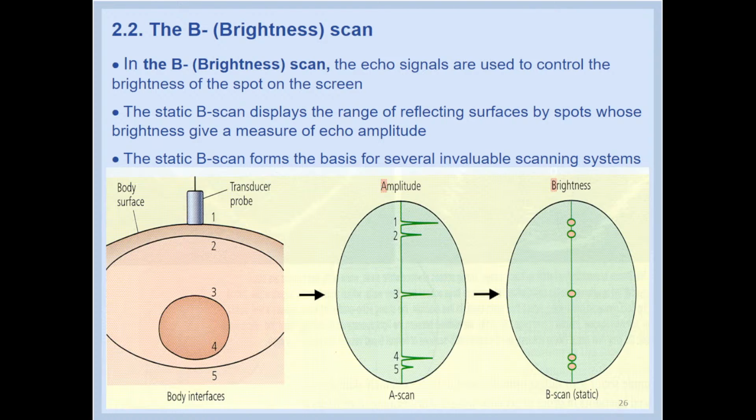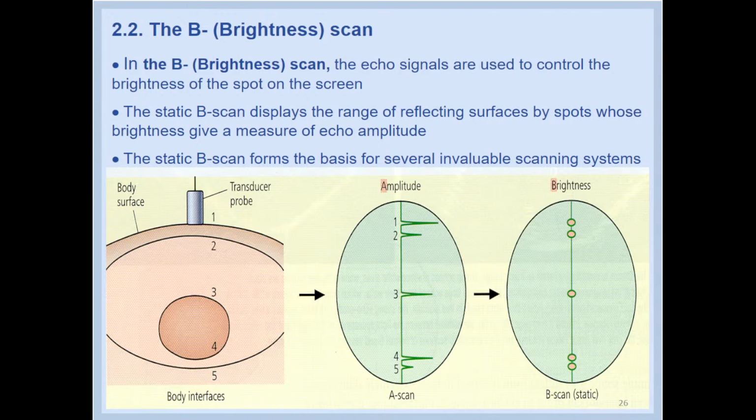The time base is applied to the Y plates. This produces a static B-scan as it is shown in this diagram. On its own, the static B-scan is not very useful. However, it forms the basis of several invaluable scanning systems and is now by far the most commonly used mode.